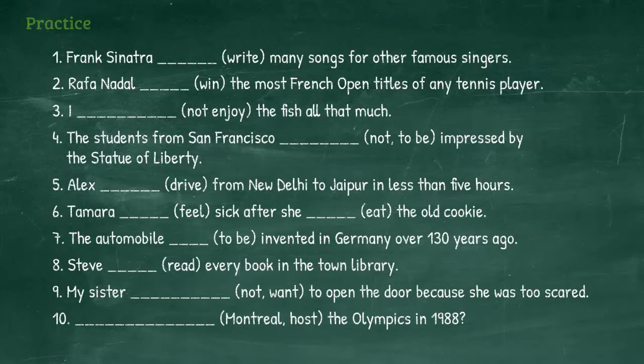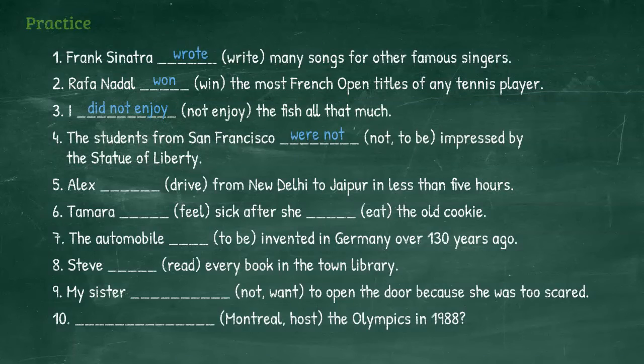Number 1, Frank Sinatra wrote many songs for other famous singers. Number 2, Rafa Nadal won the most French Open titles of any tennis player. Number 3, I did not enjoy the fish all that much. Number 4, the students from San Francisco were not impressed by the Statue of Liberty.